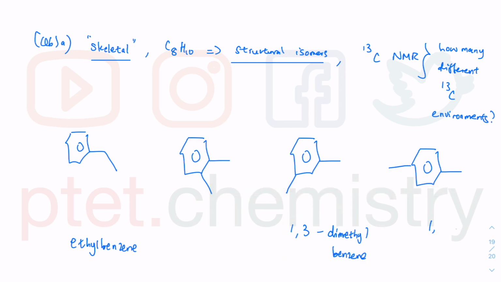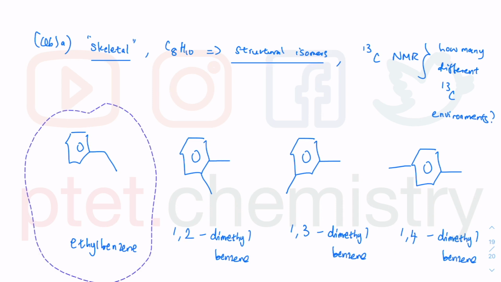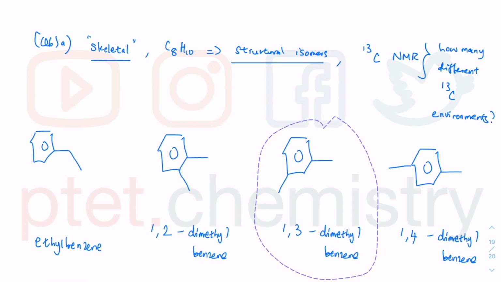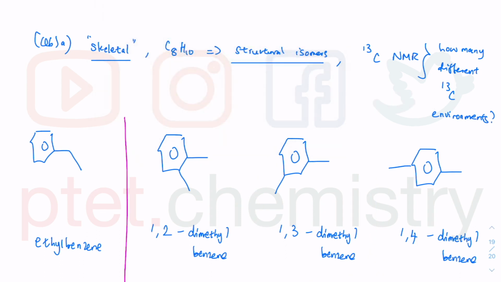Let me copy and paste that and get the names right. Obviously that's not the right name yet. So there's 1, 2, and this is 1, 4. Perhaps I can move it a little bit to make myself some more space. Okay, let's partition this so that it looks a bit clearer.